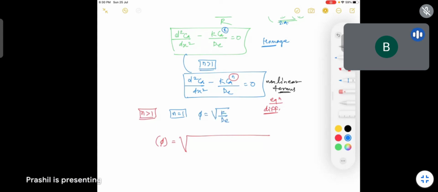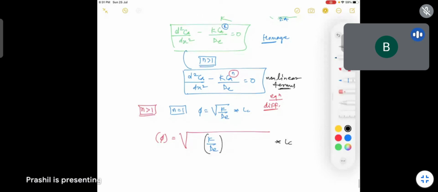So here also you will have K by DE, along with one extra term, that is (n plus 1) by 2, and next the concentration will be here, so CAS to the power n minus 1.